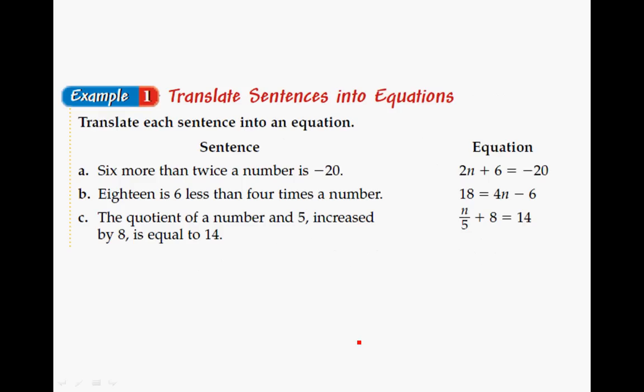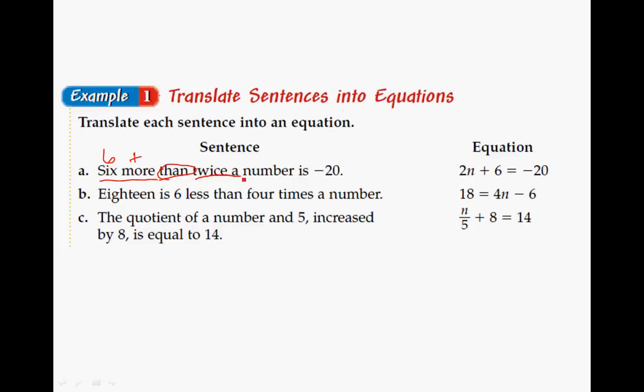Alright, so here are some more examples. Again, we've already done this, but the only way you get really proficient with this is to keep seeing as many different sentences and phrases as you possibly can. So, 6 more than twice a number is negative 20. 6 more means we're adding 6, and here's that word 'than.'